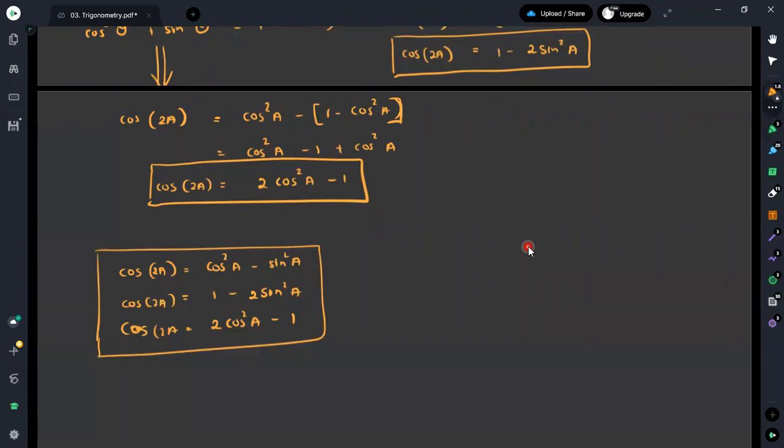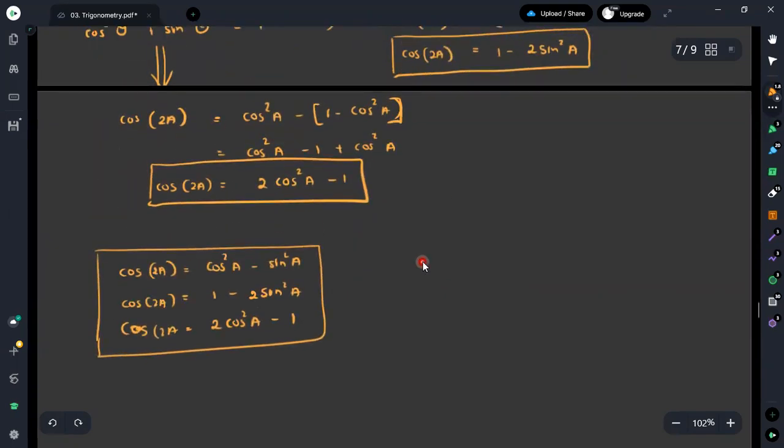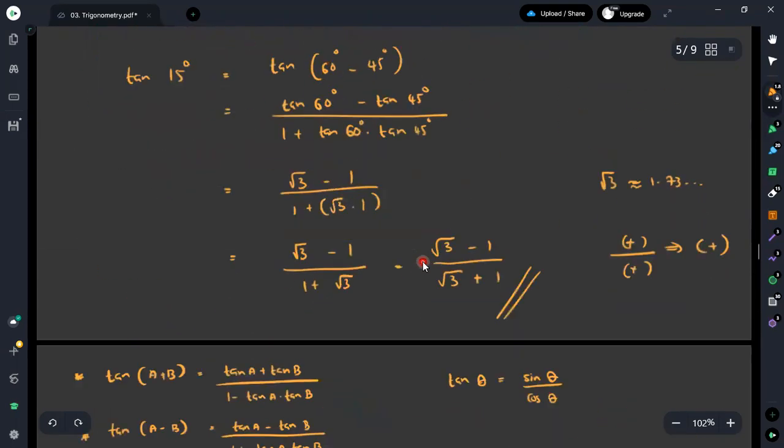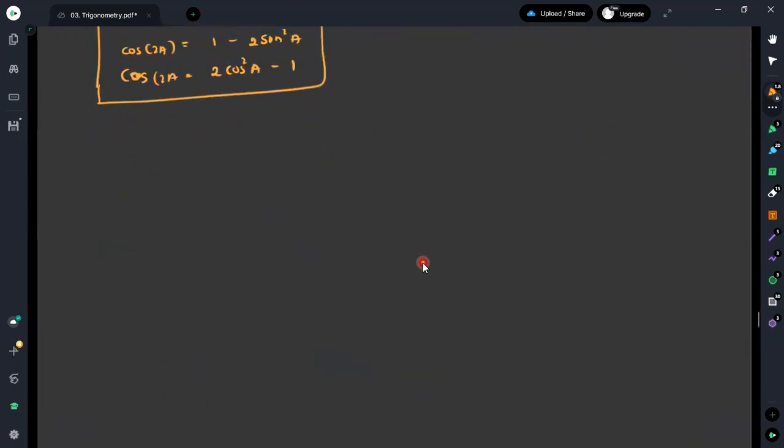Now, using the obtained equations, we can obtain answers for tan 2a. If you need, you can simply use the compound angle formula for tangent. Then it would be much easier. Therefore, what we are having is tan 2 times a.